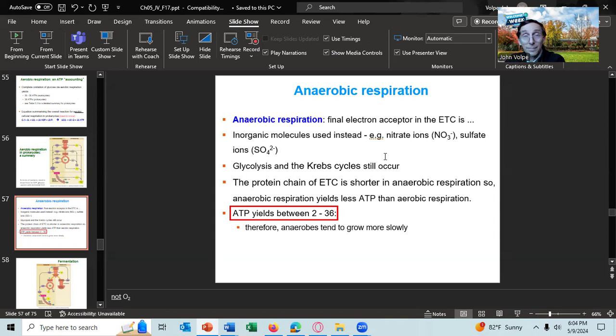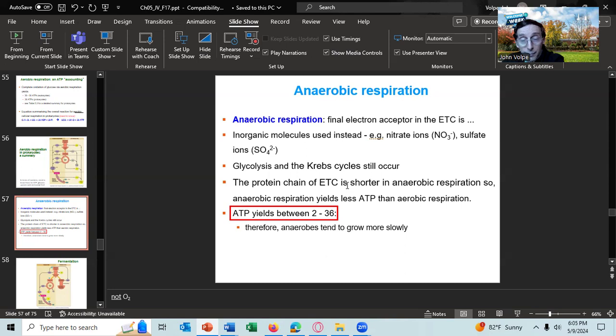than oxygen. In anaerobic respiration, glycolysis and the Krebs cycle still occur. The electron transport chain also is there, but it is different. The electron transport chain of anaerobic respiration is truncated. So it is a little different.